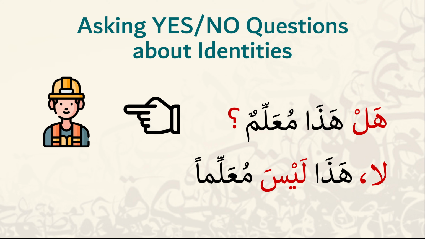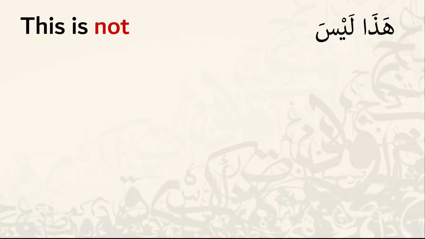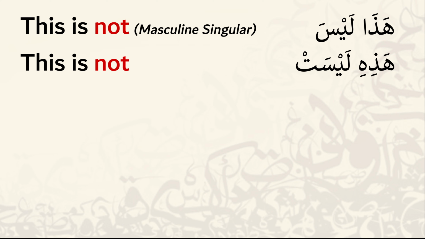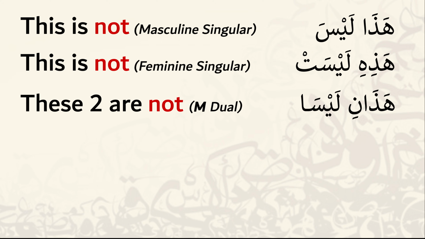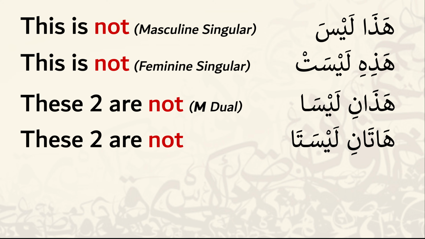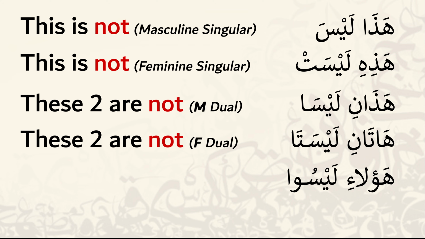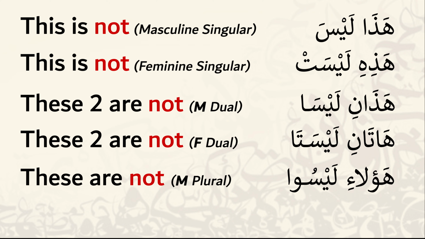Let's now conjugate the verb ليس with all third-person pronouns because, as we mentioned, the pointing nouns are used only for third person. The first one, هذا ليس, means this is not, masculine singular. هذه ليست, this is not, for feminine singular. هذان ليسا, these two are not, for masculine dual. هاتان ليستا, these two are not, for feminine dual. هؤلاء ليسوا, these are not, for masculine plural.